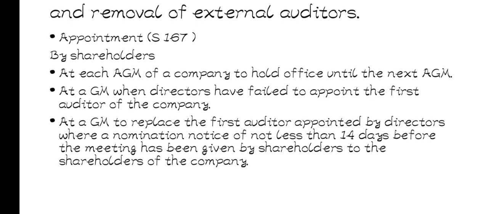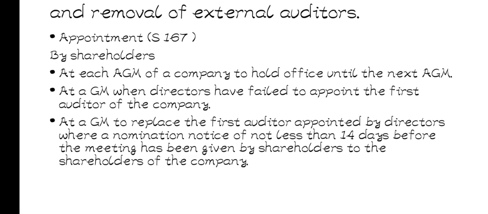Then, secondly, at a general meeting, when directors have failed to appoint the first auditor of the company, because the first auditor of the company is supposed to be appointed by the directors. But if the directors fail to appoint the first auditor, then the shareholders will come in and organize a general meeting and appoint an auditor.